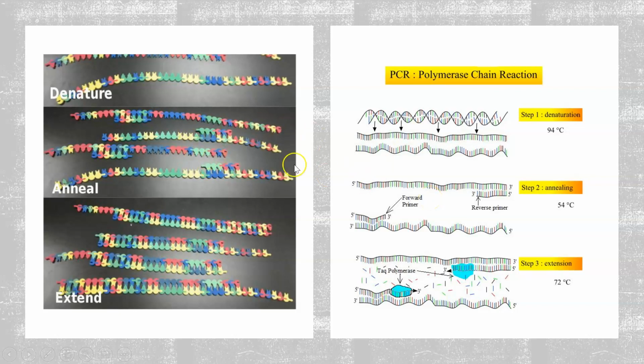So we're putting the free nucleotides in now, we're forming the new strand, and then the extension or the elongation is where the polymerase comes along and causes condensation reactions to occur between those nucleotides, forming the new strands.